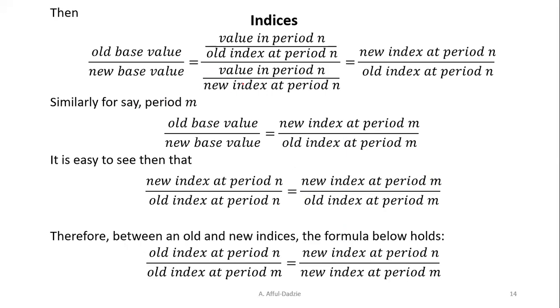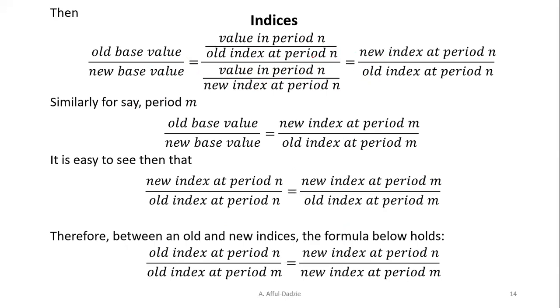I know this doesn't work so well, since we are not even using variables or decision variables, but just look into the intuition here. We have value in period n over new index in period n, and value in period n over old index in period n.